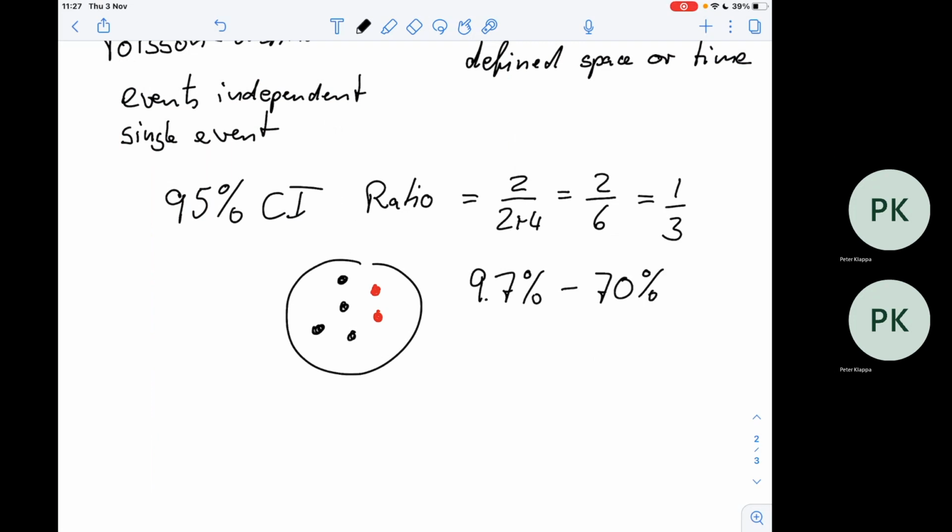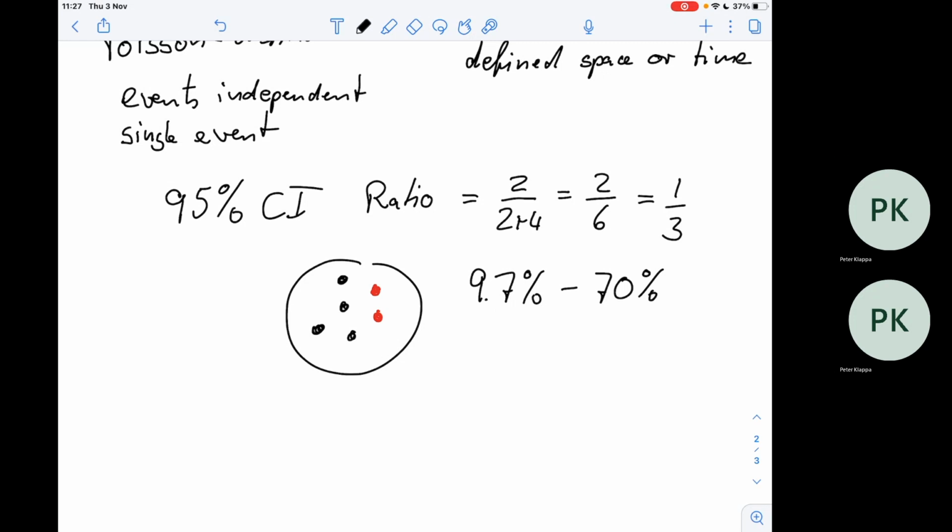That is our estimate that we get from this particular experiment. So the true percentage of red cells in the overall population is somewhere between 10 and 70%. I mean, that doesn't really help us a lot, does it? It's huge.